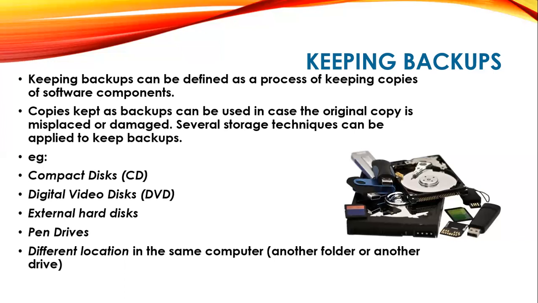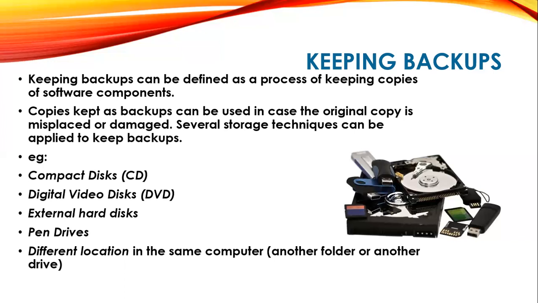Okay. So for taking backups, we can use these devices. What are those? We have a CD, DVD, external hard disk drive, and a pen drive. Or sometimes we can allocate another space. Say you have a big capacity in your hard disk, maybe a 2 terabyte hard disk.